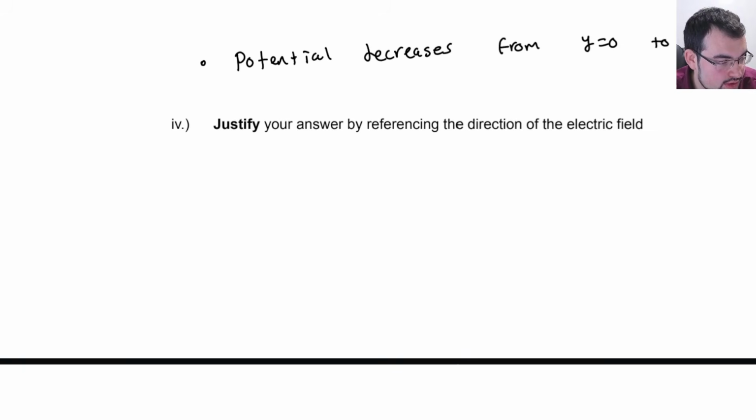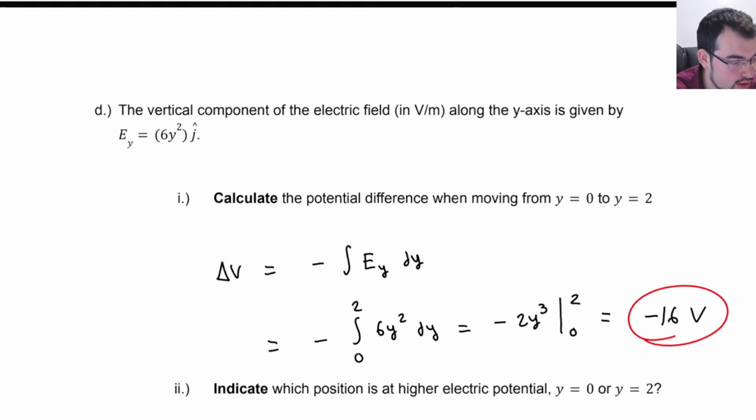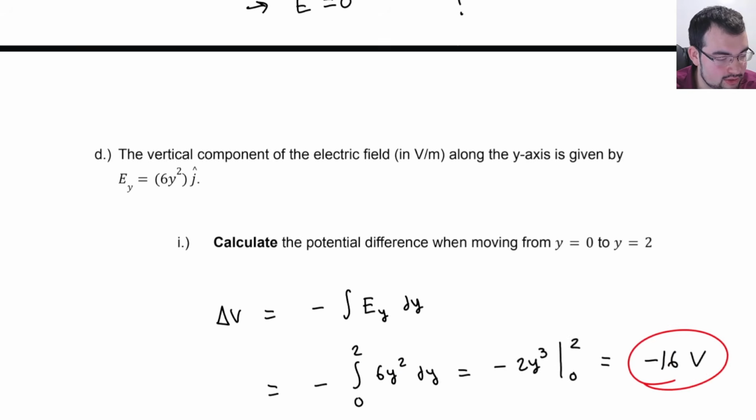Justify by referencing the direction of the electric field. Well, if we think about what this looks like on a graph, it says the y component of the E field is positive 6y squared j hat. So that would be like there's no push right here at the origin, then there's a small upward push, then a bigger upward push, and an even bigger upward push. And remember, we said that E field points downhill.